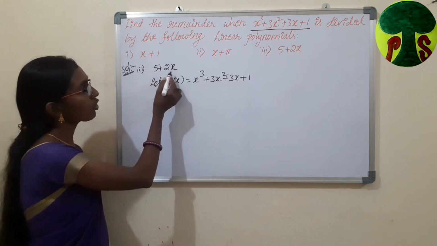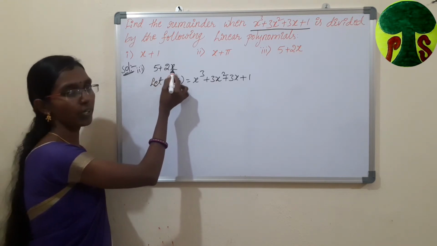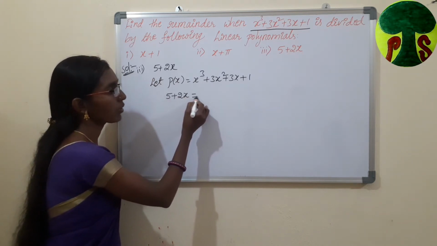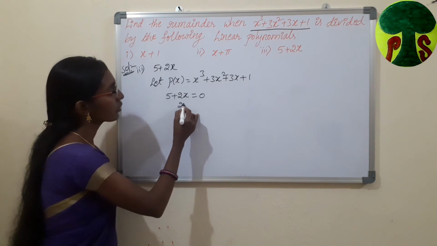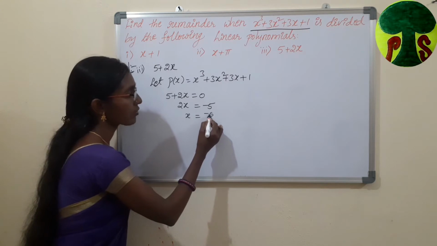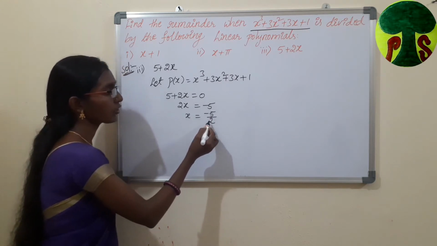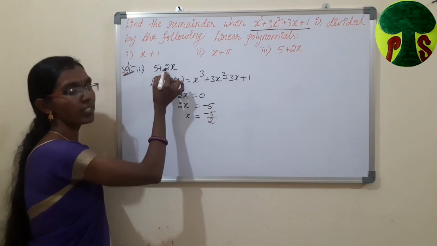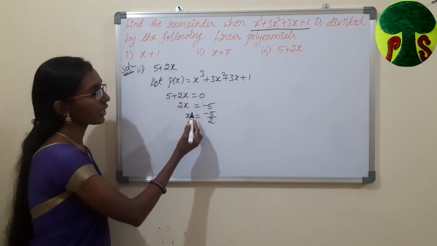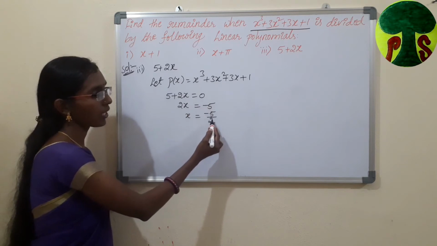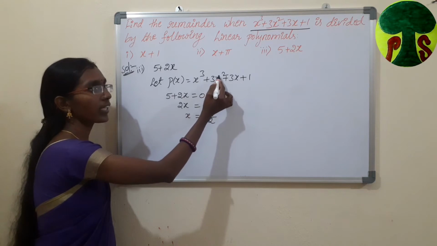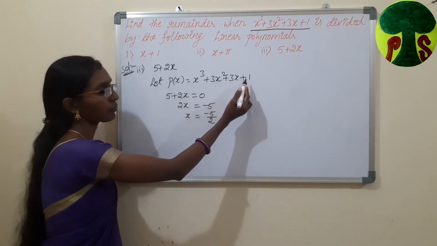To find the 0 of the polynomial of 5 plus 2x, we have to equal that to 0. So 5 plus 2x is equals to 0. From this, 2x is equals to minus 5 and x is equals to minus 5 by 2. Minus 5 by 2 is the 0 of 5 plus 2x. Now, to get the remainder, we have to replace x value by minus 5 by 2 in the given polynomial, that is x cube plus 3x square plus 3x plus 1.